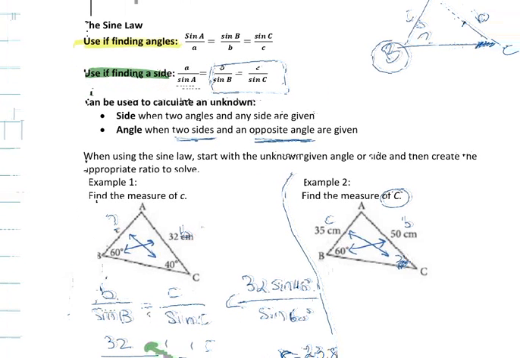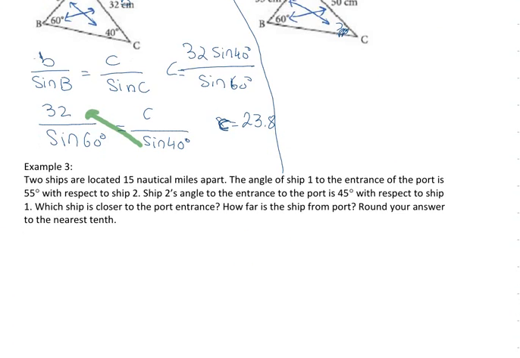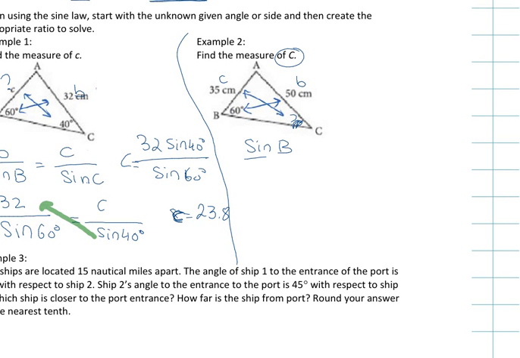So let's set it up. So sine 60 over 50 equals sine C, which I don't know what that is, divided by 35.